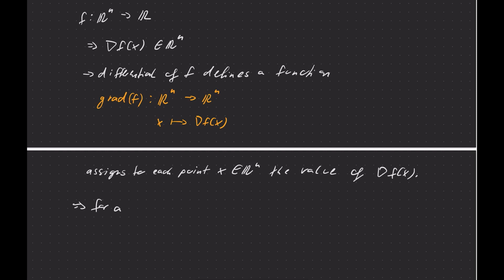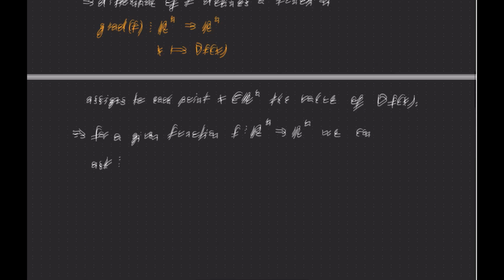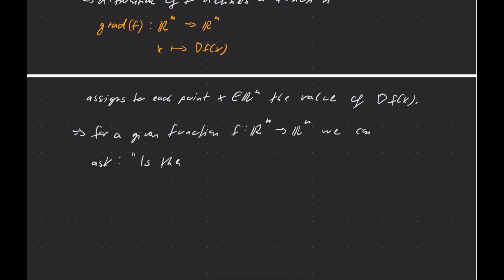Okay, so for a given function small f, and that needs to be a function of a gradient-like kind, so it needs to map from Rn to Rn, we can ask something like, is there a function capital F that would then map from Rn to R such that the gradient of that function capital F is our given f?